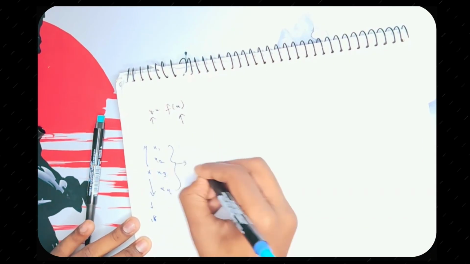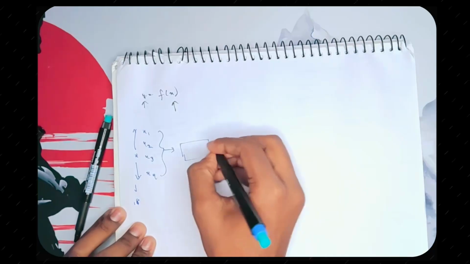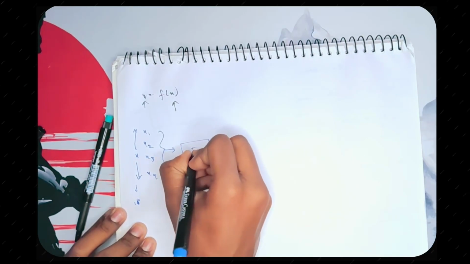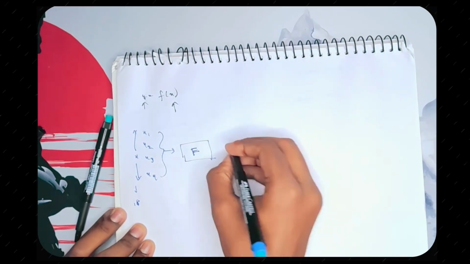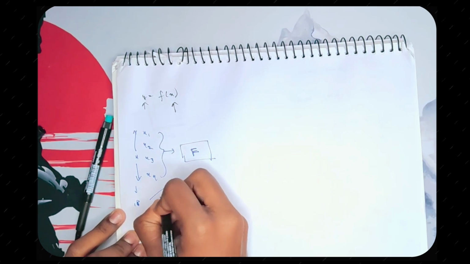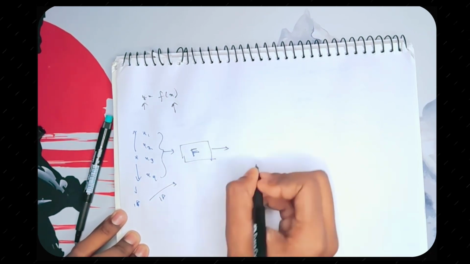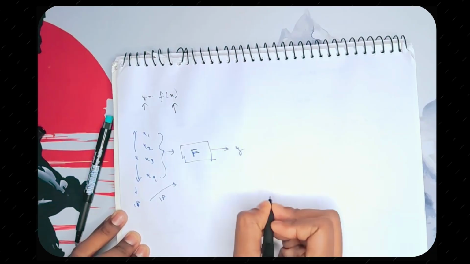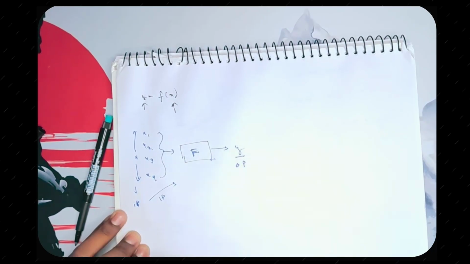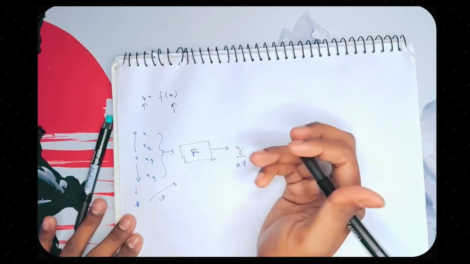Now I pass this to a function, let's say this is my f function, and it takes these inputs and gives my output, which is y. That is the simple concept of a function.